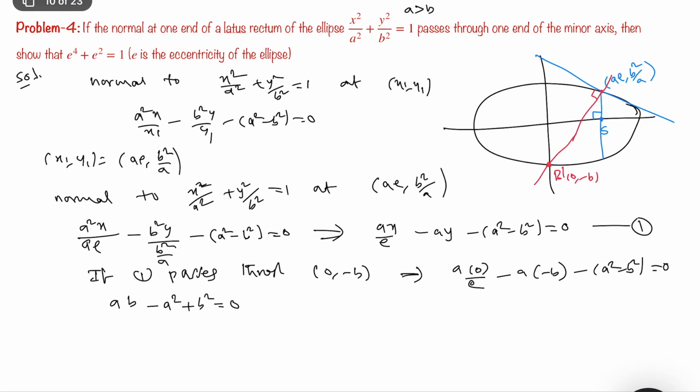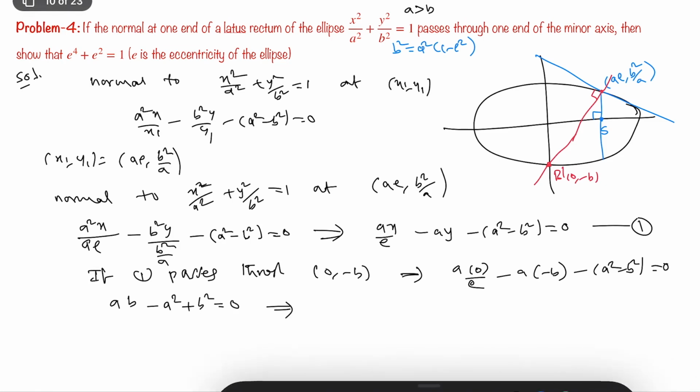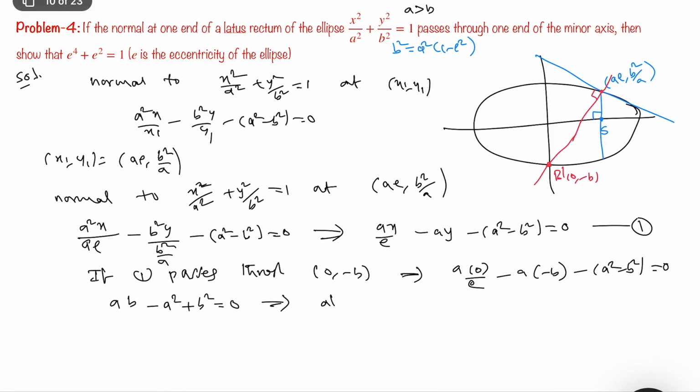Okay, in the a greater than b case, the relationship between a, b and e is this: b square equal to a square times 1 minus e square. So if I replace b square with a square times 1 minus e square, we will have ab minus a square plus a square times 1 minus e square equal to 0.